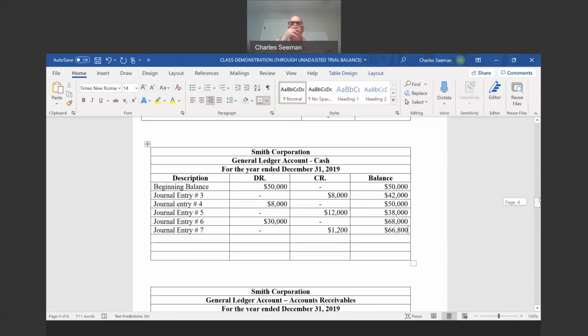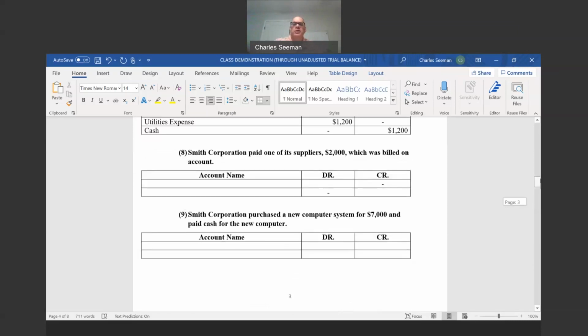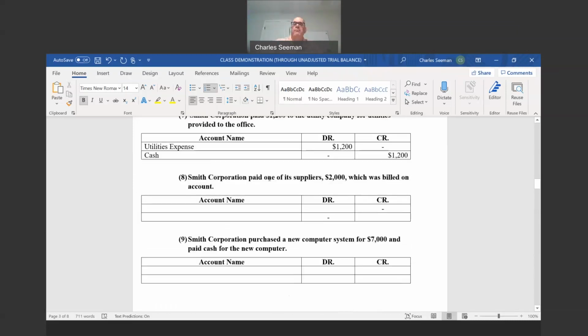Entry number 8, Smith. Smith, they paid off, so that means they don't owe it anymore. Accounts payable is a liability. All liabilities are on the right side of the accounting equation. Anything on the right side of the accounting equation.